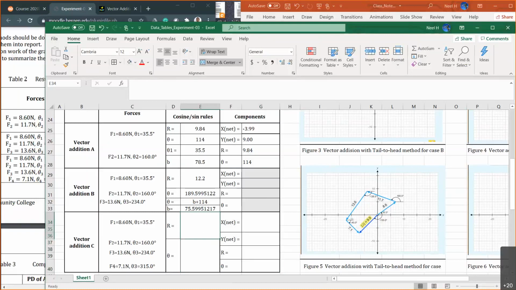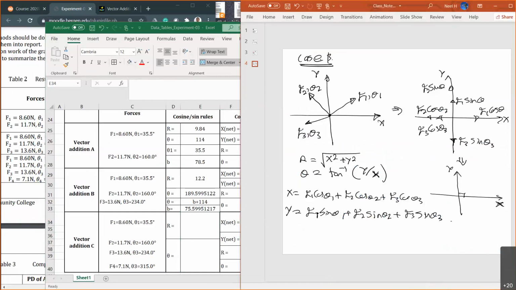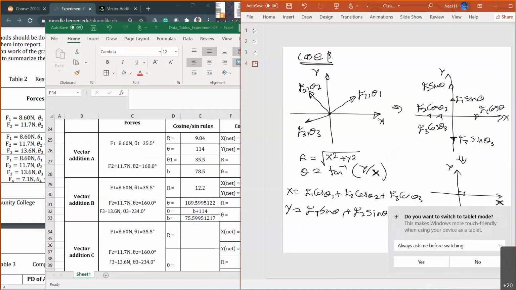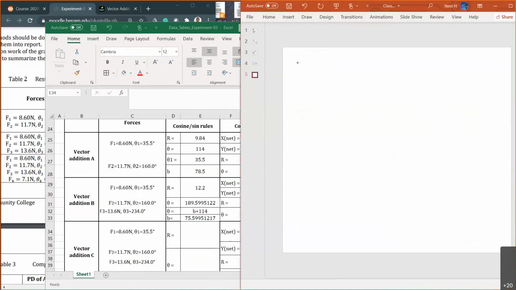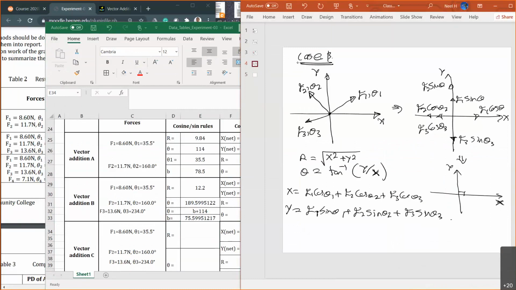So let's take a look at case C, the sine cosine rule. Does anybody have a question? I think you can manage that easily, but does anybody have difficulty with the cosine xy component for case B? Can you manage?